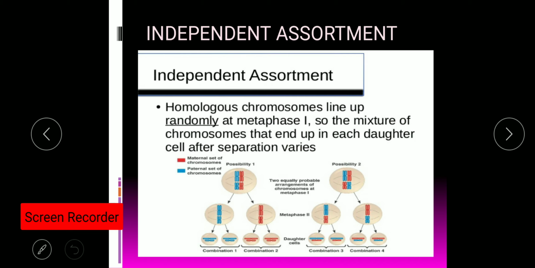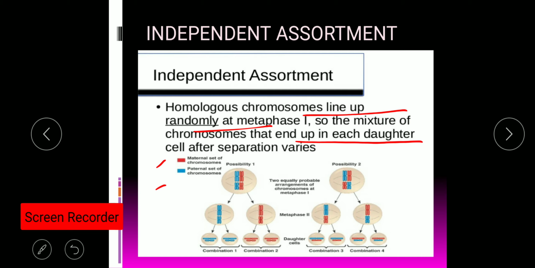Now we have to see independent assortment. Homologous chromosomes will line up randomly in metaphase 1, so the chromosomes that end up in each daughter cell after separation will vary. The red one denotes the maternal set of chromosomes, the blue one denotes the paternal set. This is possibility 1 and this is possibility 2.